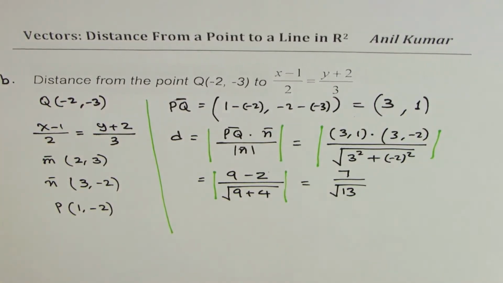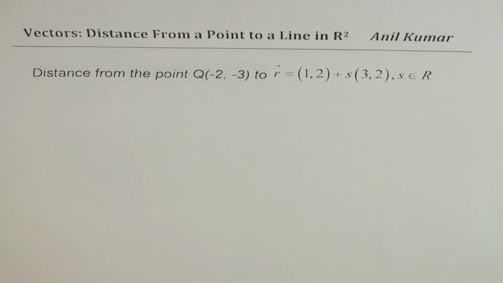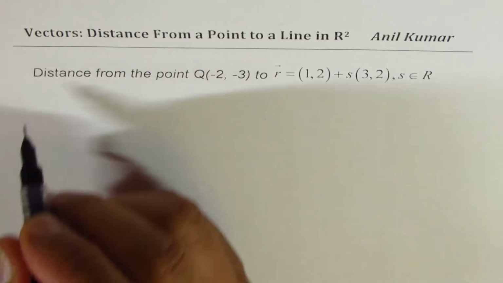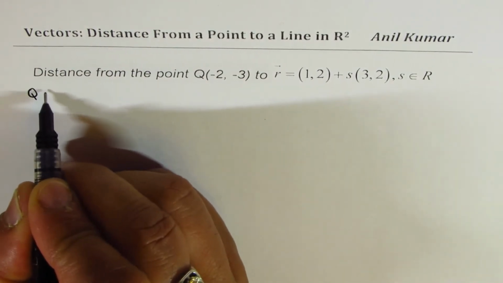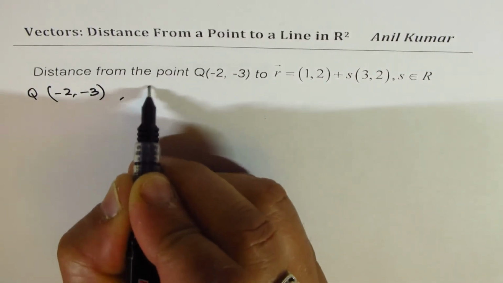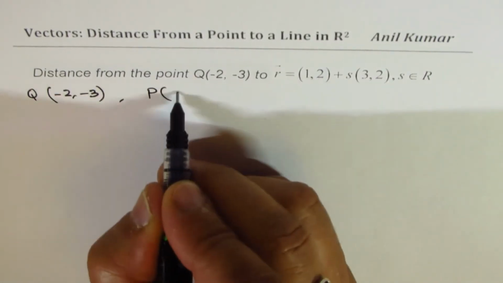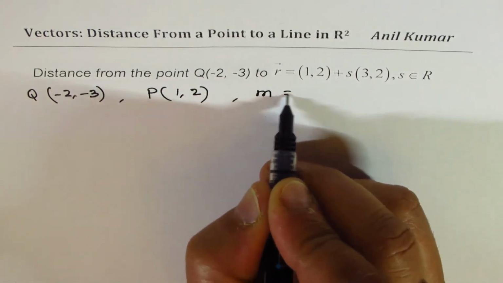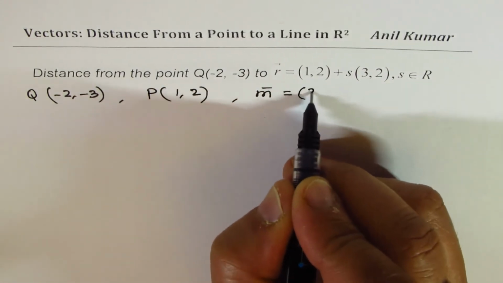So that is when the equation is given in symmetric form. Now let us see how to do it with parametric form. Again, the steps are exactly the same. So the point Q is (-2, -3). Point P is (1, 2) in this case. Direction m is given to us as (3, 2).